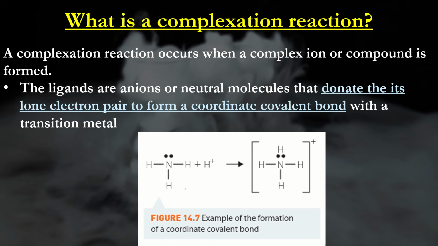In this example, we have ammonia, NH3, donating its 2 electrons onto this hydrogen ion, forming the ammonium ion here. This is an example of a coordinate covalent bond.